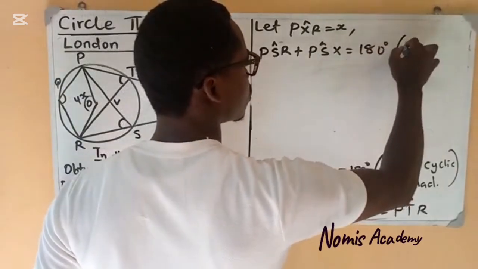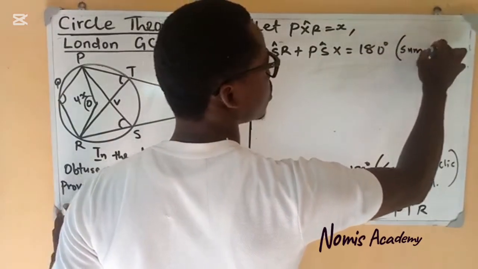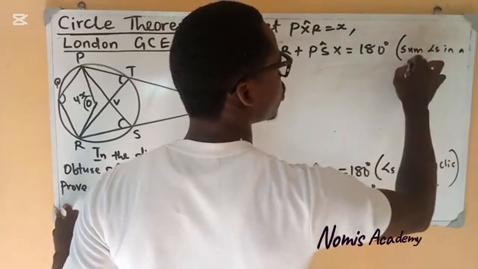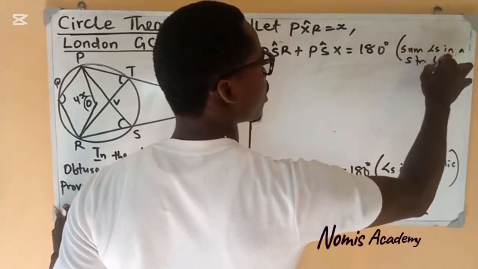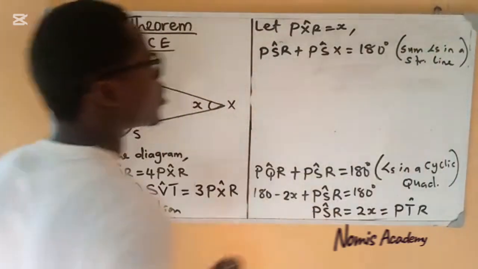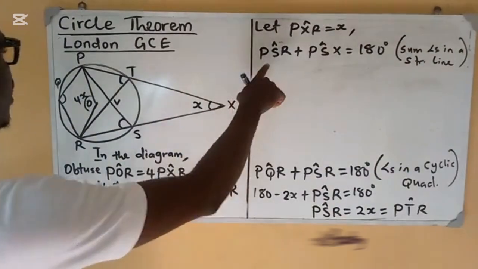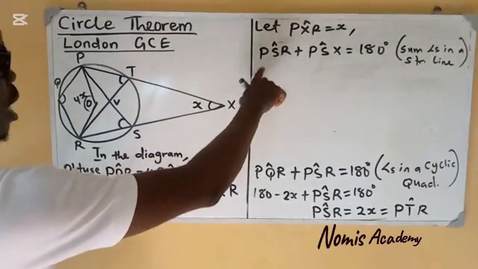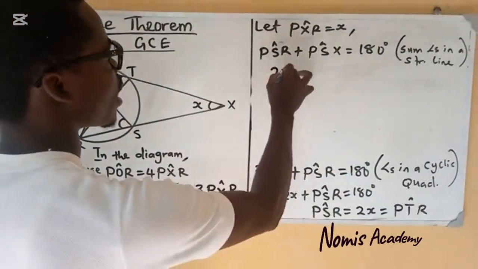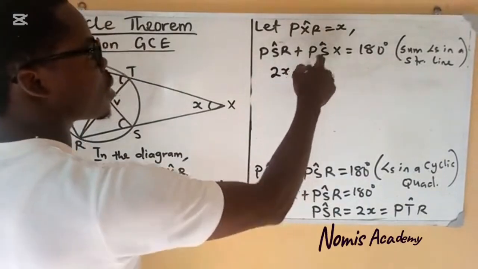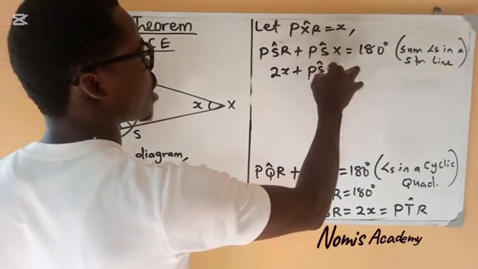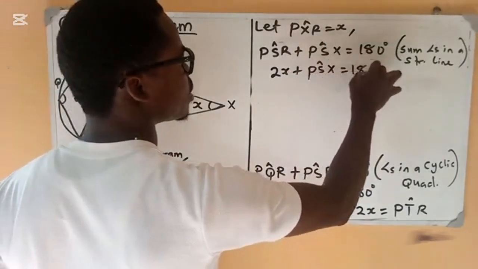That is the sum of angles on a straight line. Now PSR, according to what we just did, is 2x, plus PSX equals 180 degrees.